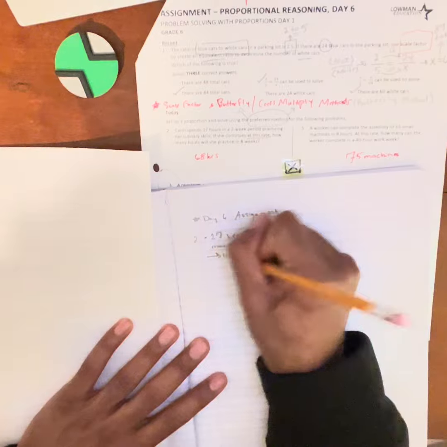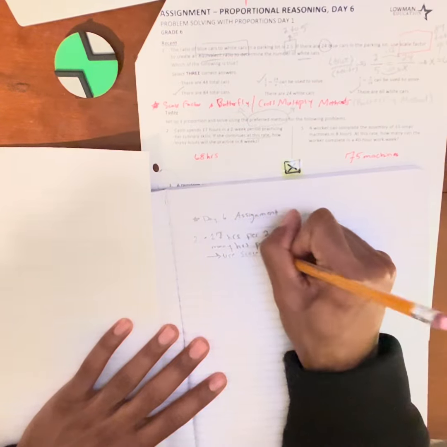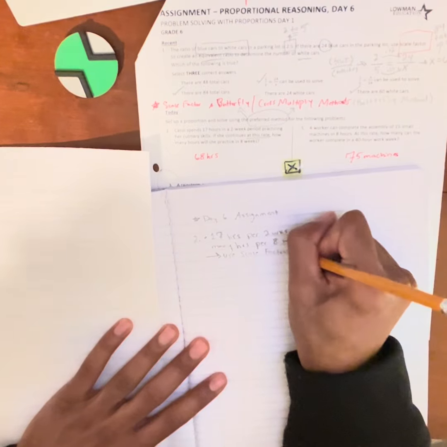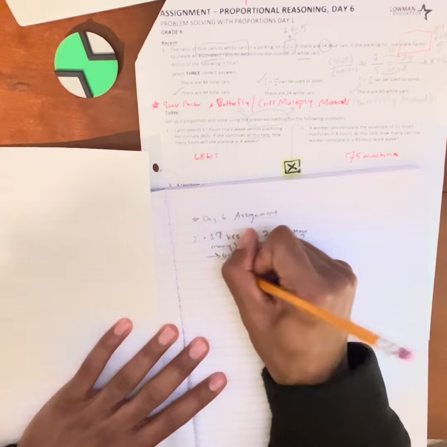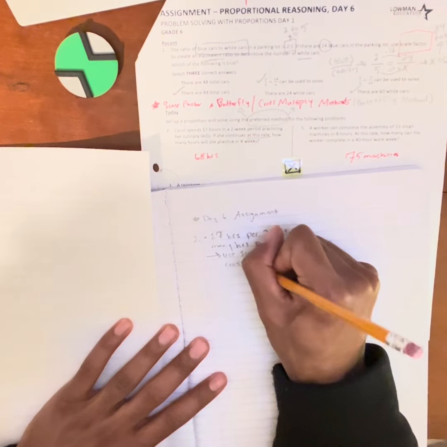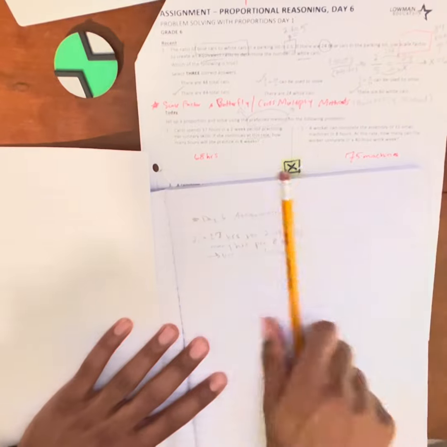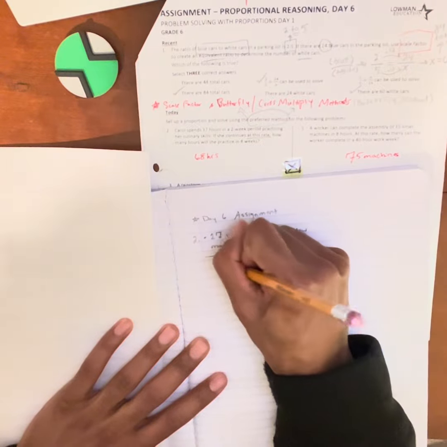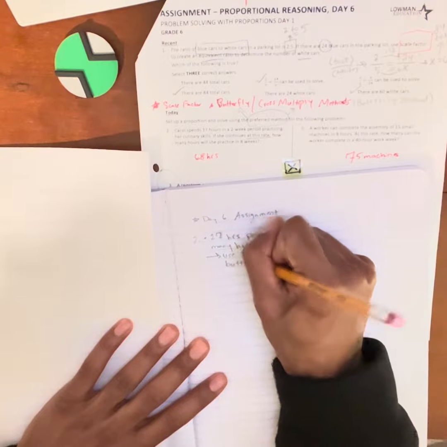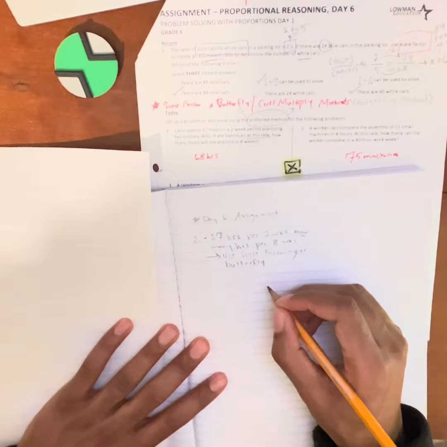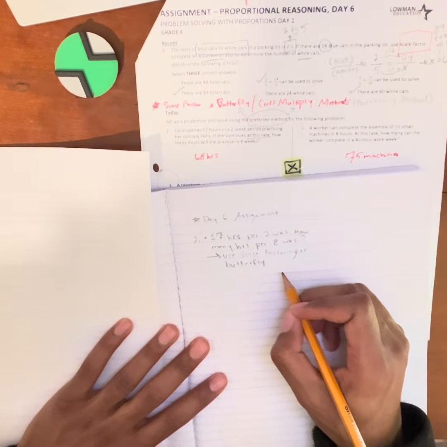So use scale factoring or cross multiply, or butterfly.